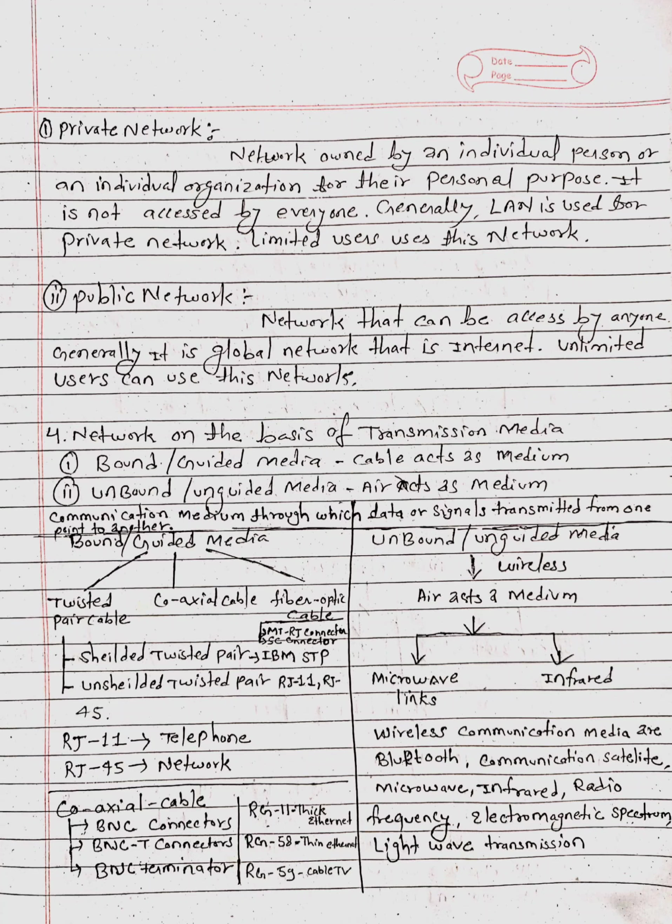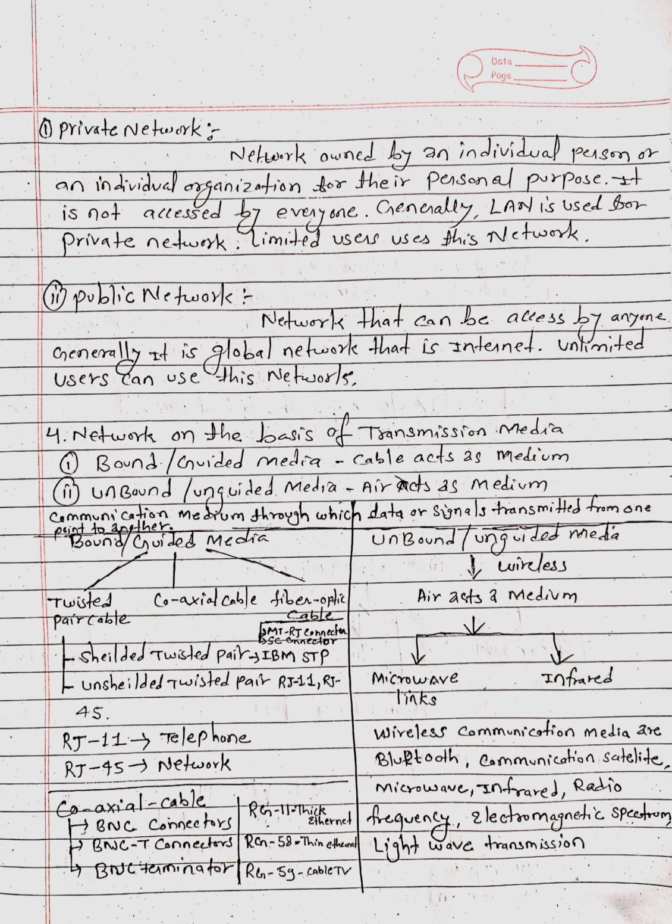Network on the basis of transmission media: bound guided media and unbound unguided media. In bound or guided media, cable acts as a medium. In unbound or unguided media, air acts as a medium. Transmission media is the communication medium through which data and signals are transmitted from one point to another.